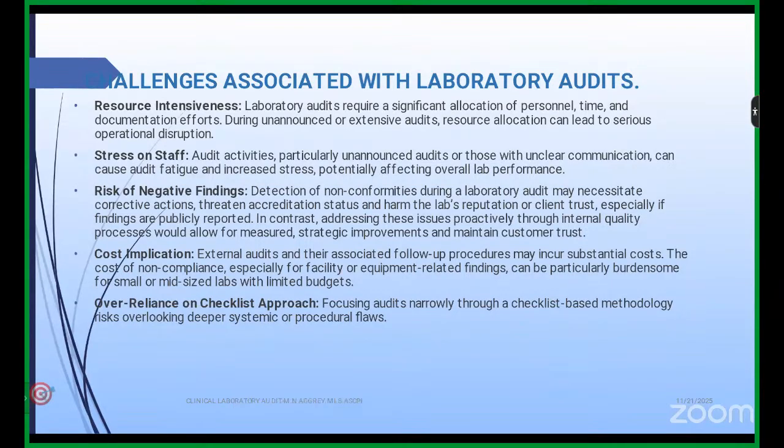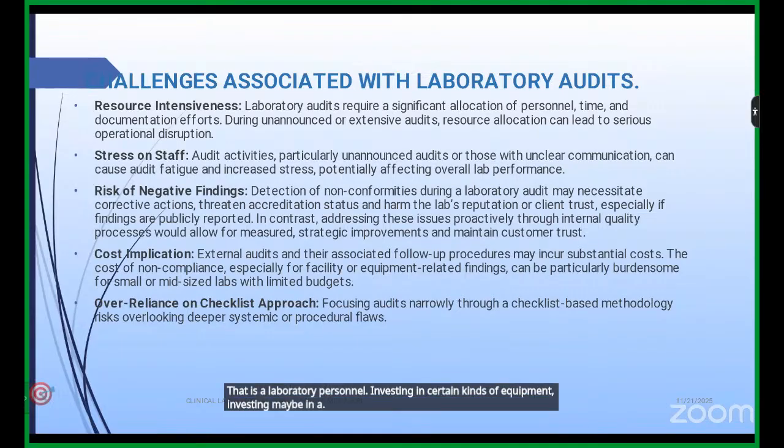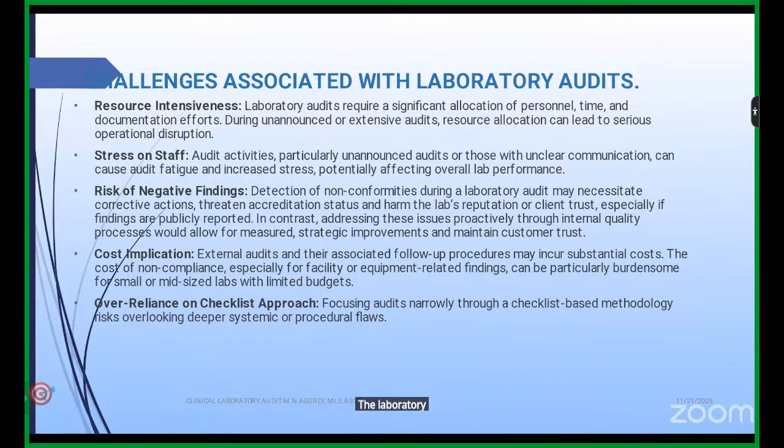Yes, the auditors can recommend for you to invest maybe in staff, that is laboratory personnel, investing in certain kinds of equipment, investing maybe in the laboratory system that moves in tandem with their regulations for you to be compliant. Some equipment can be phased out because of lack of conformity to standards. So this comes with a cost.